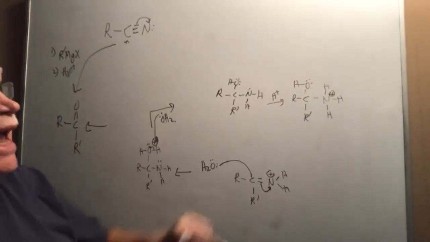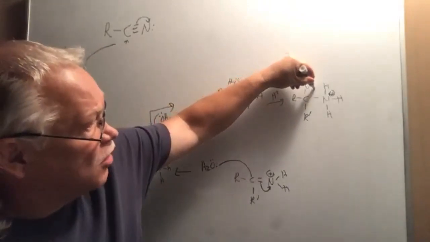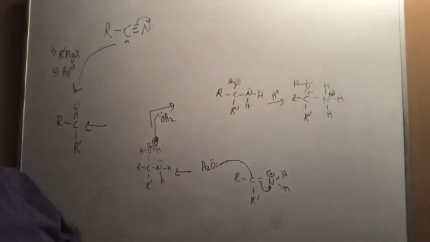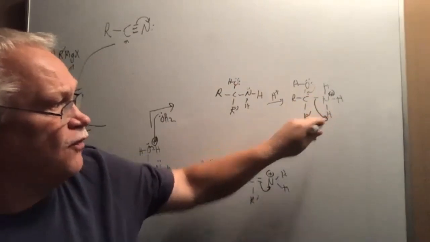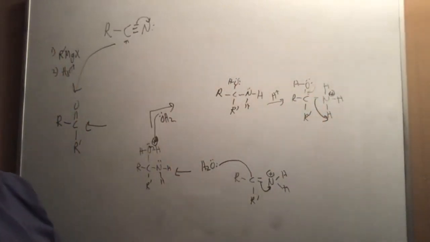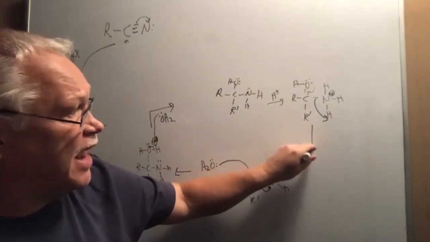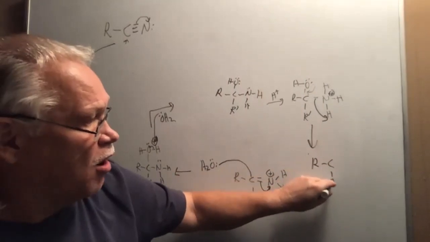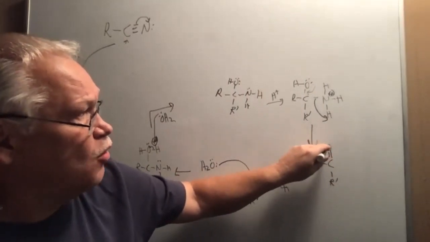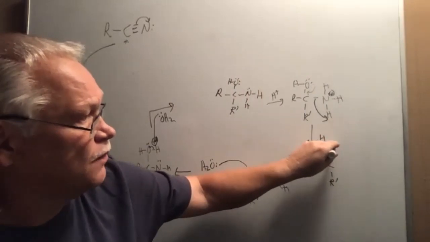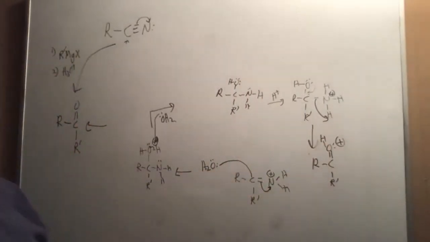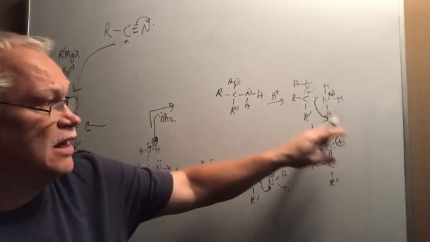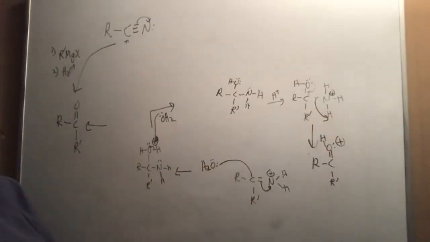Now watch what can happen. This pair of electrons can come down to form a double bond, kicking off the ammonia molecule. The ammonia molecule then gets protonated in the acidic solution, but notice what we now have as our organic compound. R, C, R prime, double bonded O, still hooked to an H with a positive charge. And then water comes in and deprotonates that, and notice we get the ketone.